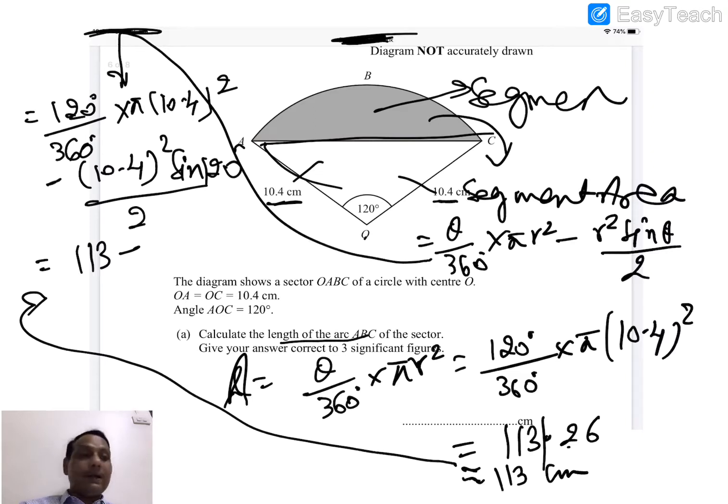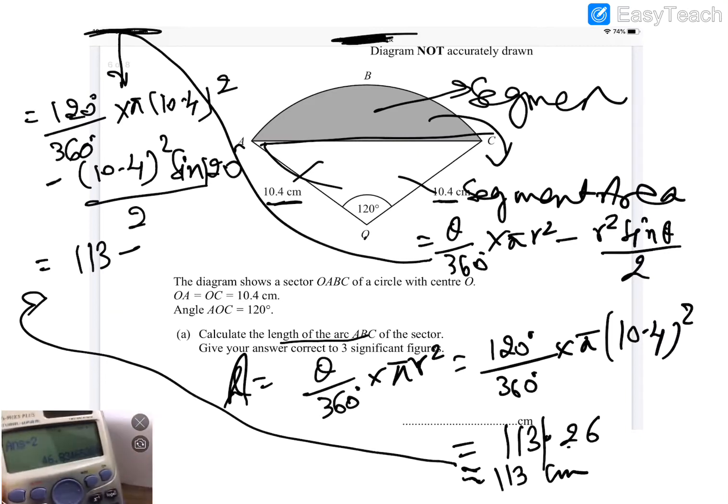So r square means we use 10.4 square, then times sine 120 degrees, and whatever answer we got has to be divided by 2, so that is going to be 46.8. You can see I already calculated it, so here 46.8.